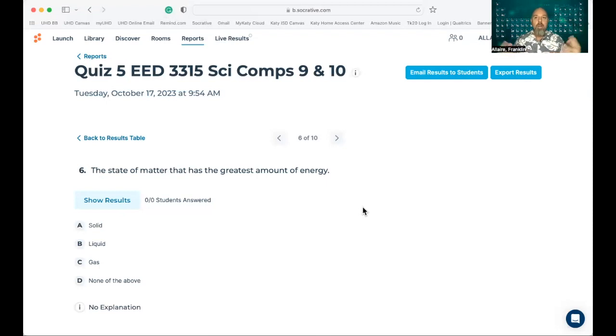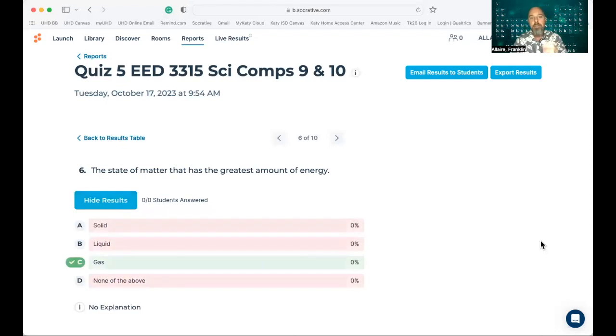At the same time, we can take gases and we can squeeze them together and put them into small containers like scuba tanks, propane tanks, aerosol cans, and things like that. And so out of these choices, again, gases have the most energy.